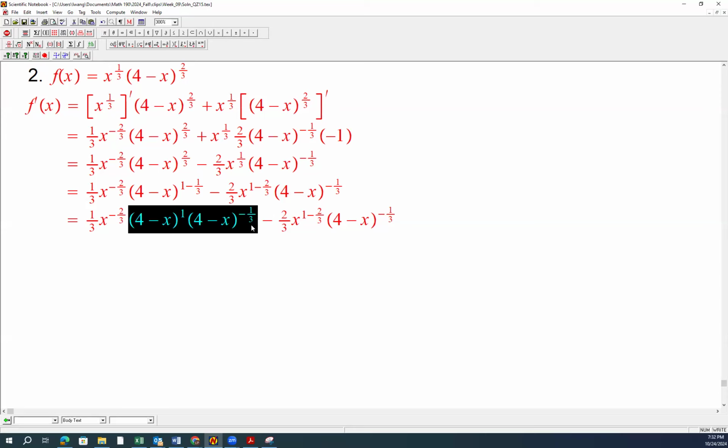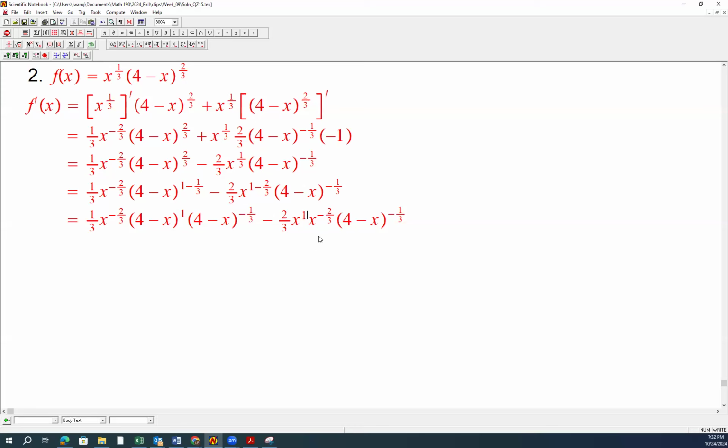So this piece is from here, okay? This piece is from here, same base. And for x to the power 1 minus 2/3, you can do the same thing. So you can just write x raised to the power of negative 2/3. Same thing. Right, so you can totally do it this way.